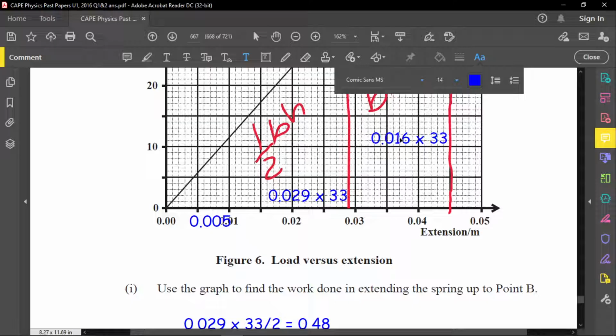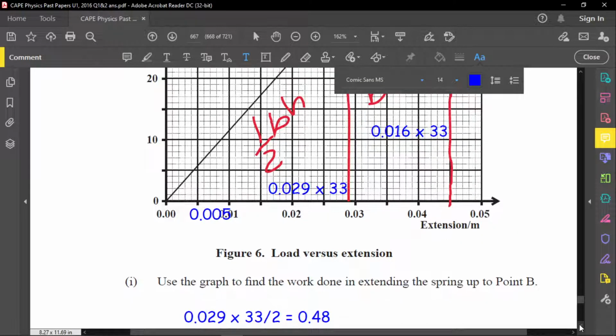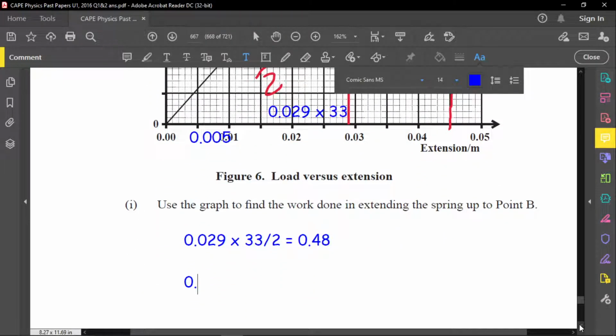So it's going to be 0.016 multiplied by 33, and that will equal 0.53.